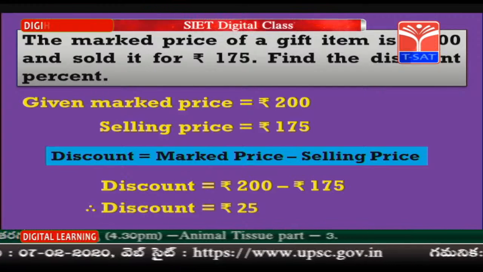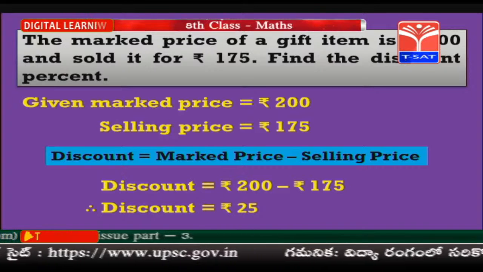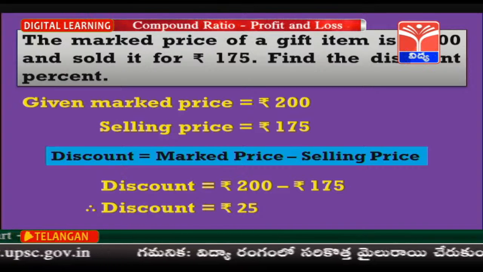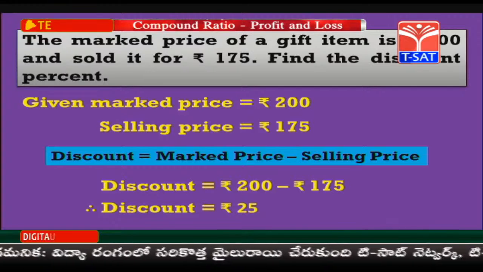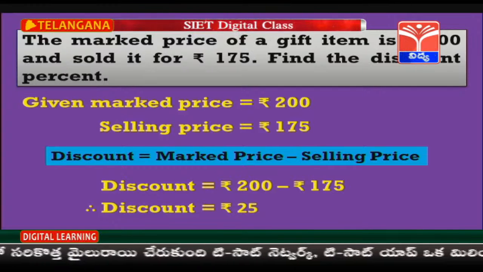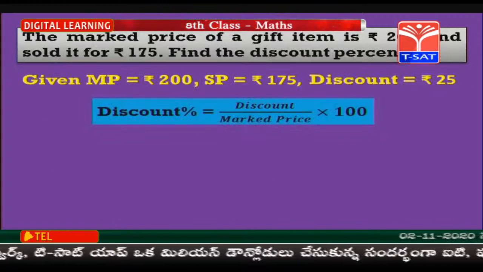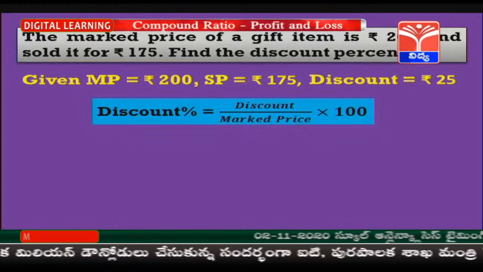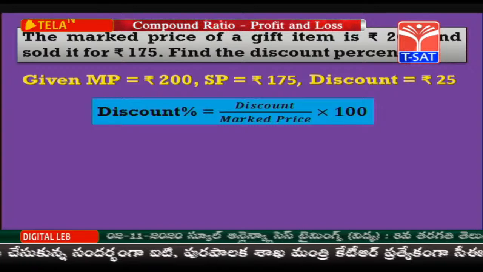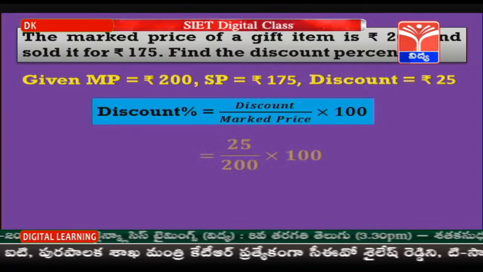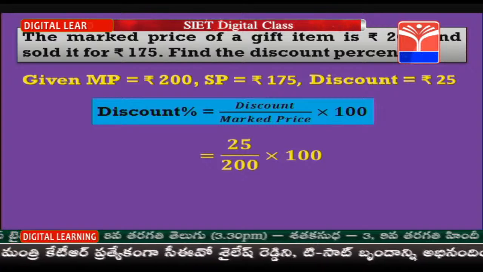So, children, what is the discount amount we got? 25 rupees. Do you think the problem is over? No. Here we are not just calculating the discount, we need to calculate the discount percentage. So, discount percentage is given by discount by mark price into 100. Now, let us substitute these values of discount and mark price.